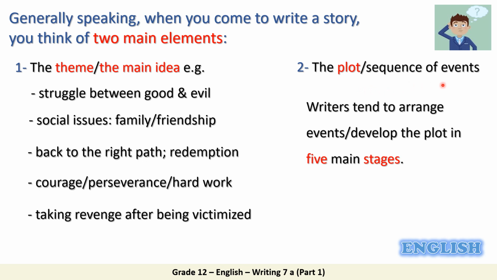Generally speaking, we can put ideas under 5 main headings: struggle between good and evil; social issues, things that happen in the family, between friends, etc.; back to the right path, which is redemption after a sinful act; situations with courage, perseverance, hard work and success in life or in solving problems; and taking revenge after being victimized.